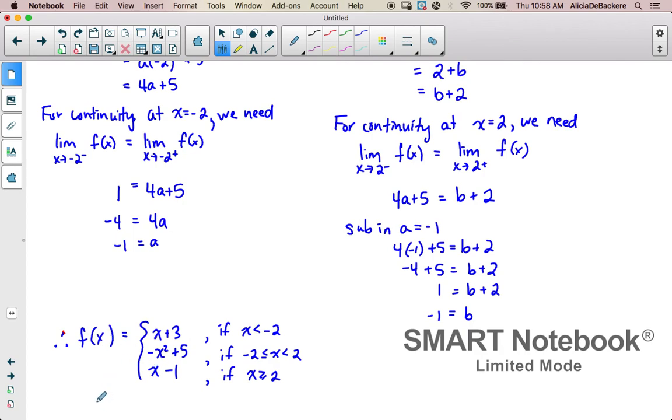So if I have this function, then I know that it's continuous on the whole domain of the set of real numbers.